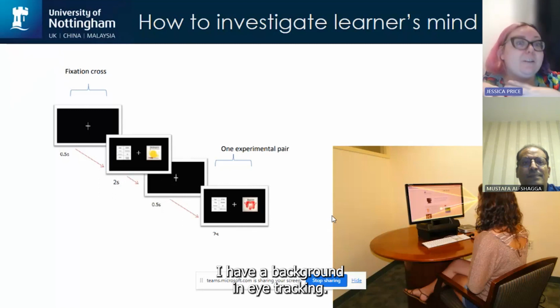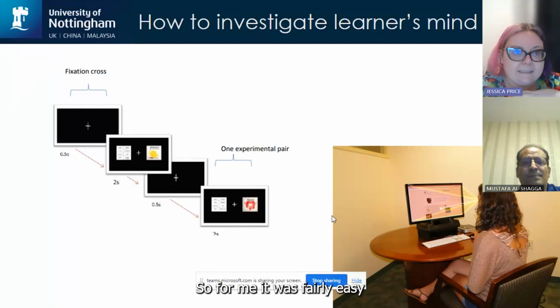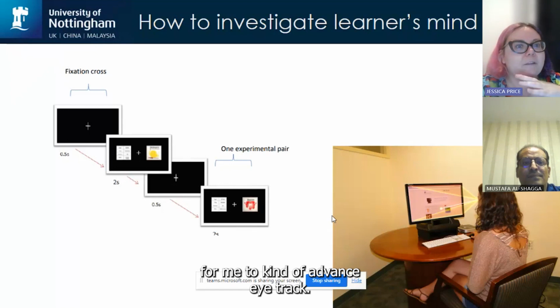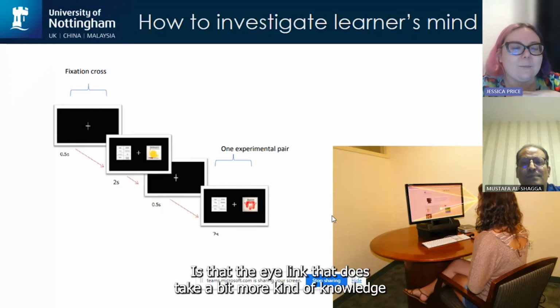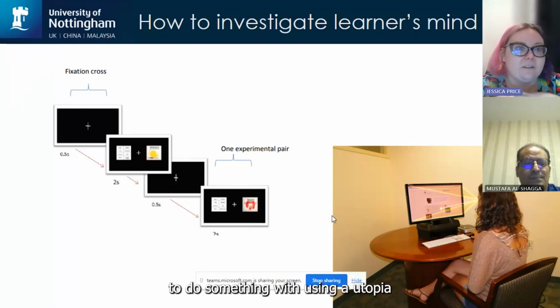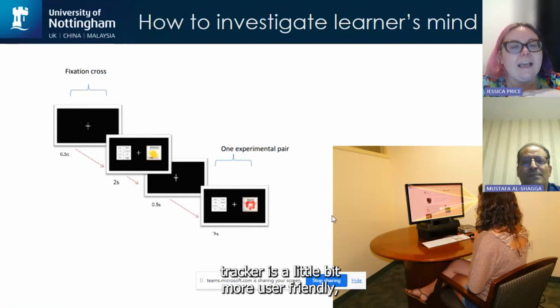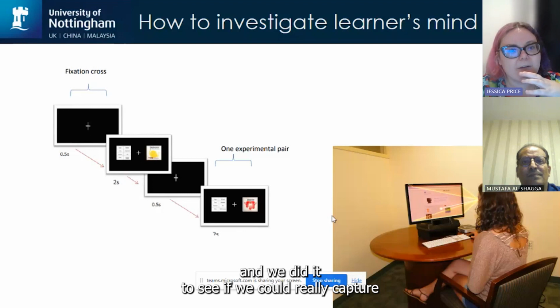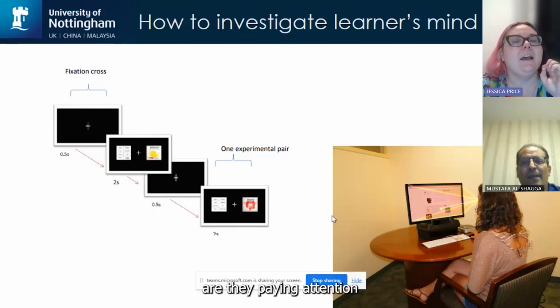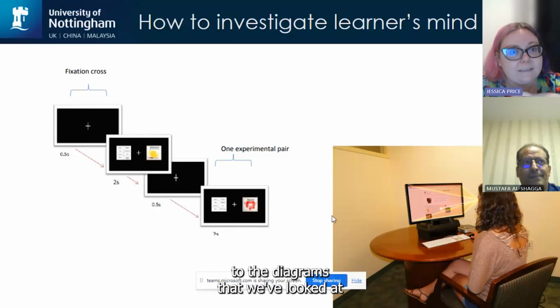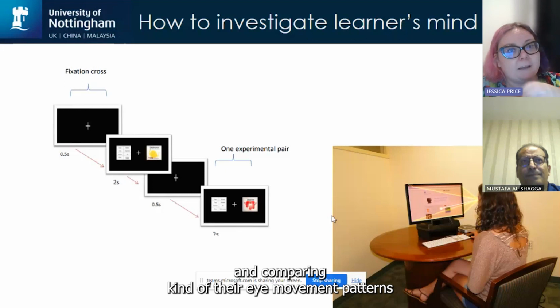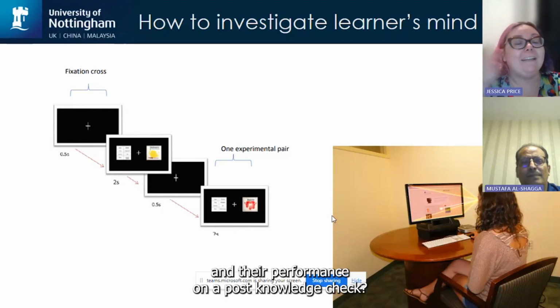I have a background in eye tracking, so for me it was fairly easy. More advanced eye trackers like the EyeLink take a bit more knowledge to use. Something like a Tobii eye tracker is a little more user-friendly, and we did it to see if we could really capture whether they are paying attention to the diagrams, and compare their eye movement patterns with their performance on a post-knowledge check.